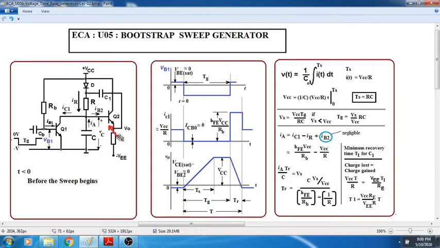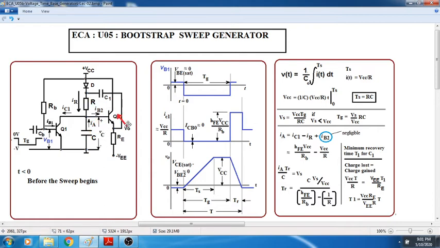So the voltage at V0 will be almost equal to 0, and look at this large value capacitor, which is now connected to VCC through a diode. So what will happen to this capacitor? This capacitor will be able to charge through this diode, because this end is connected to almost 0.